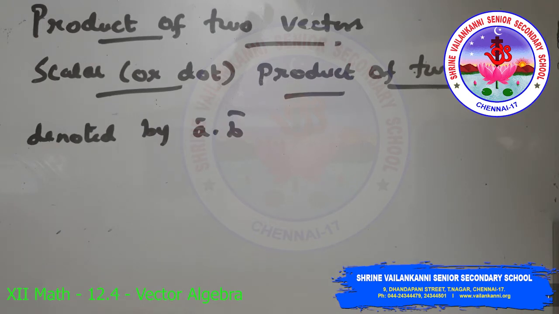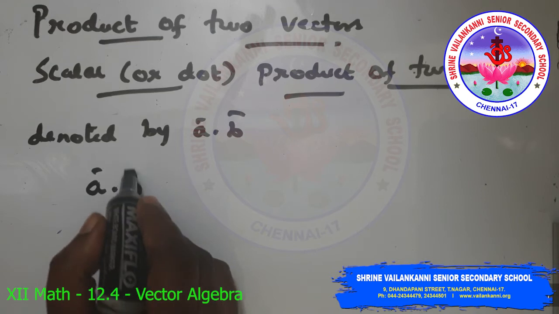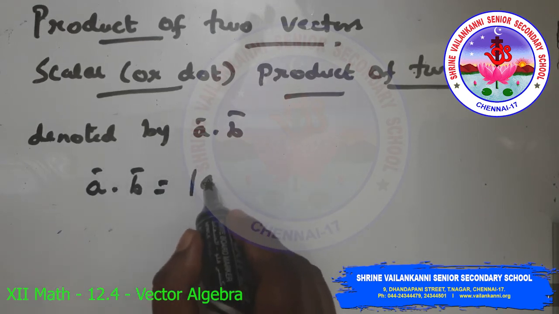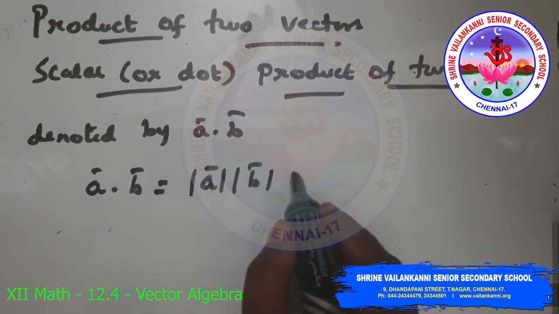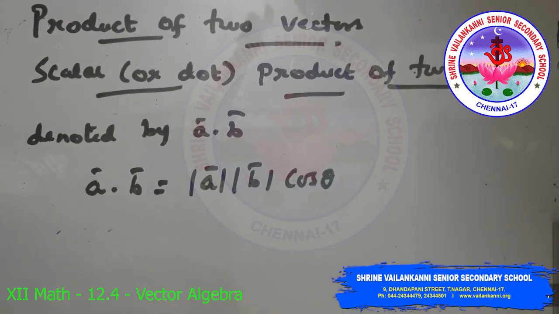So what is scalar or dot product of two vectors? The scalar product of two non-zero vectors a and b, denoted by a dot b, is equal to magnitude of a into magnitude of b cos theta, where theta is the angle between a and b. Theta lies between 0 and pi.